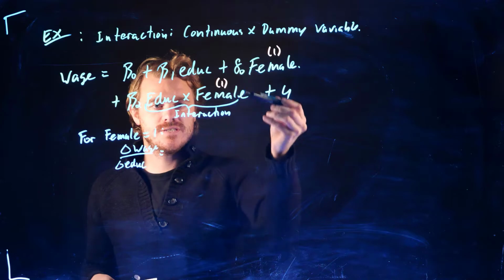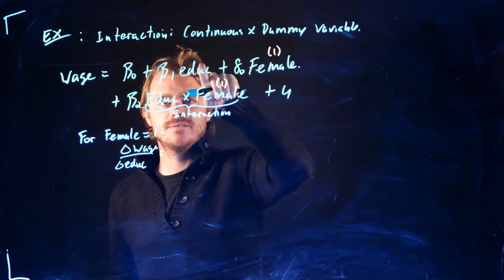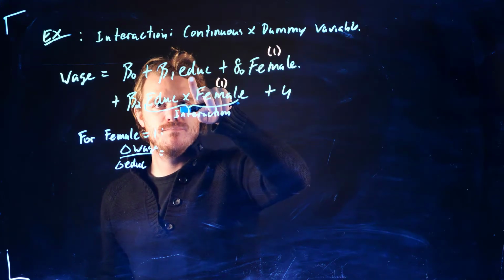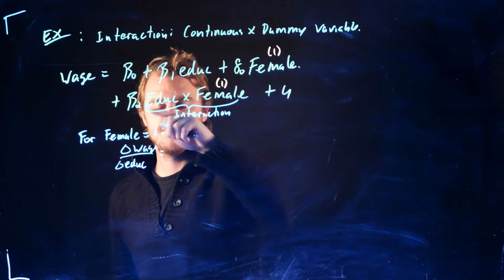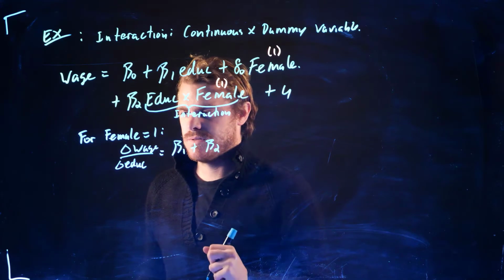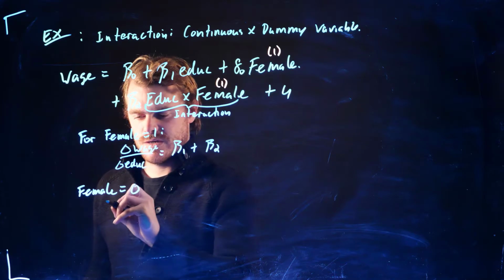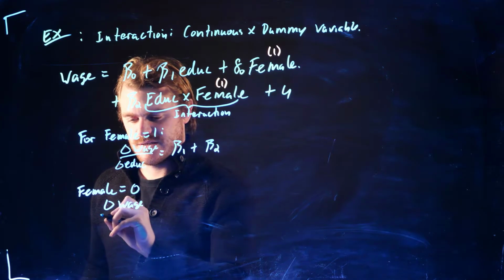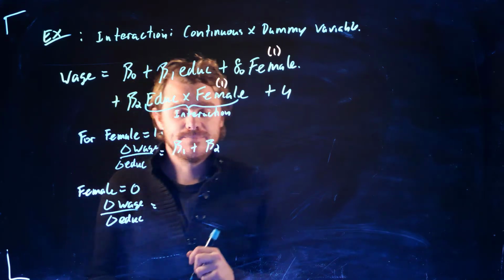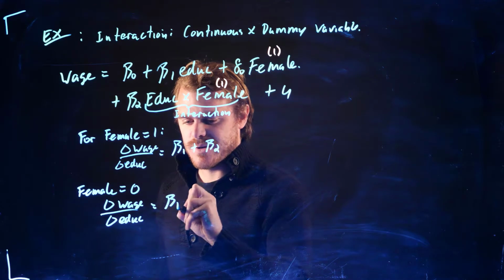And the returns to education are going to be, taking the derivative with respect to education, beta 1 plus beta 2. And if female equals 0, the partial effect of education, well, it's the only variable here, is just equal to beta 1.